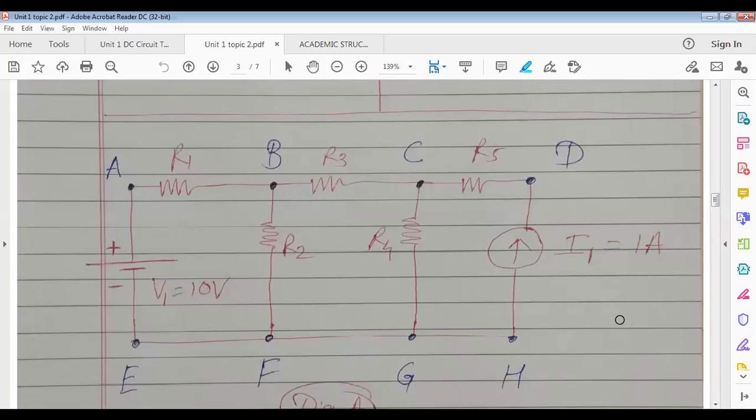How many current sources? One current source, of 1 ampere. Now see, this is called an electric network also, and you can call it an electric circuit because it's closed. So you can call it an electric circuit, and an electric network also.